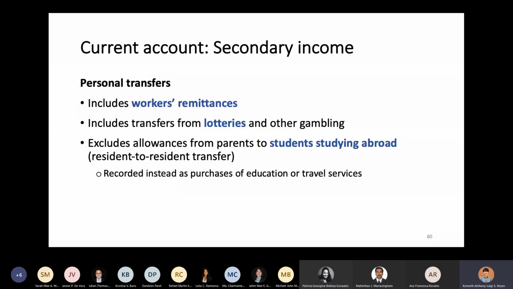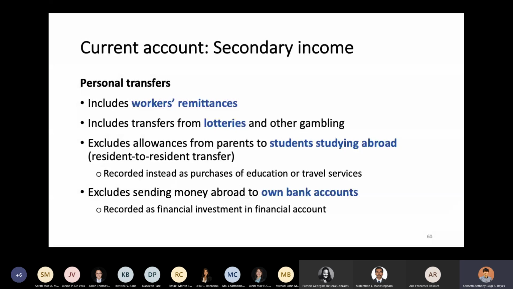It also excludes sending money abroad to your own bank account. So let's say you are an investor and you have a bank account elsewhere. If you send money to that account, you're just basically sending money to yourself, and it will not be considered a personal transfer. Instead, it will be considered a financial investment in the financial account.